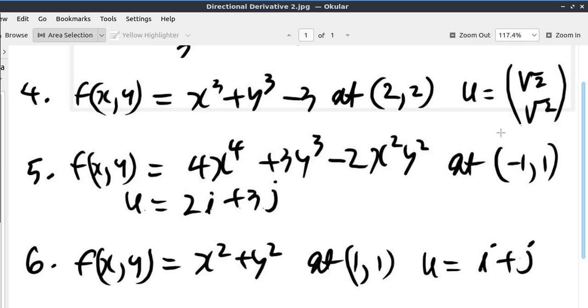Number 5, f of x y is equal to 4x to the fourth plus 3y cubed minus 2x squared y squared at the point (-1, 1), and the vector is 2i plus 3j. And number 6, f of x y is equal to x squared plus y squared at the point (1, 1). The vector is i plus j, same thing as 1i plus 1j. Alright?